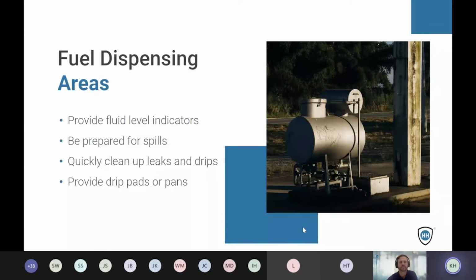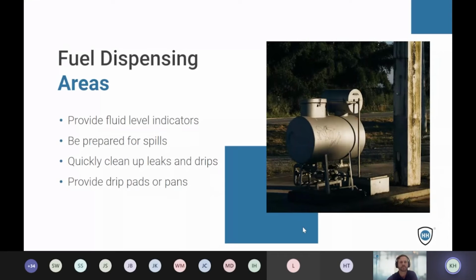Fuel dispensing areas, and I'll also add fuel transfer stations, anywhere that you're moving liquids provides a big potential for spills, leaks, and drips. So this is a good area to label and make sure that people know the procedures for dispensing or transferring any fluids that you might have. So here we have a fuel tank.